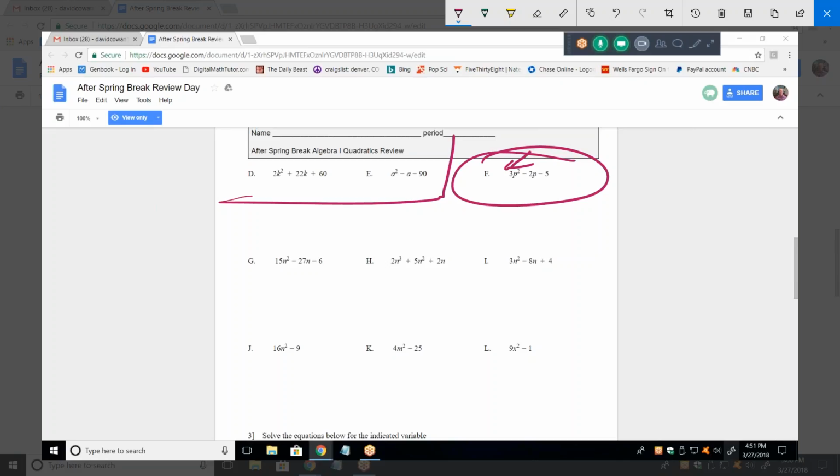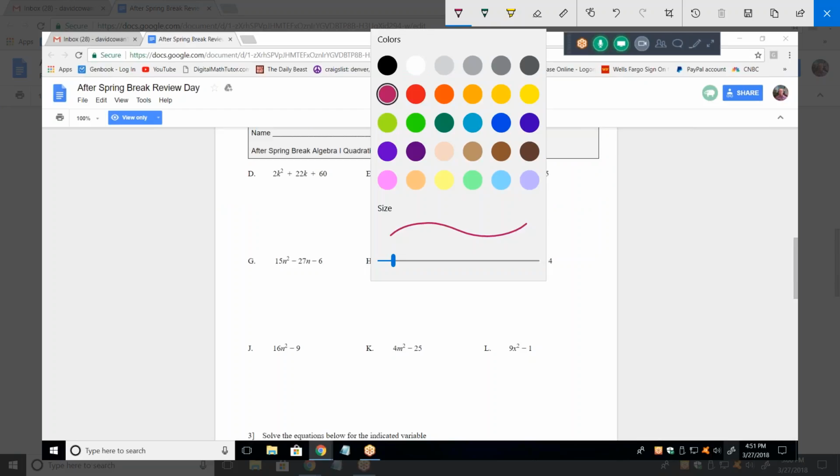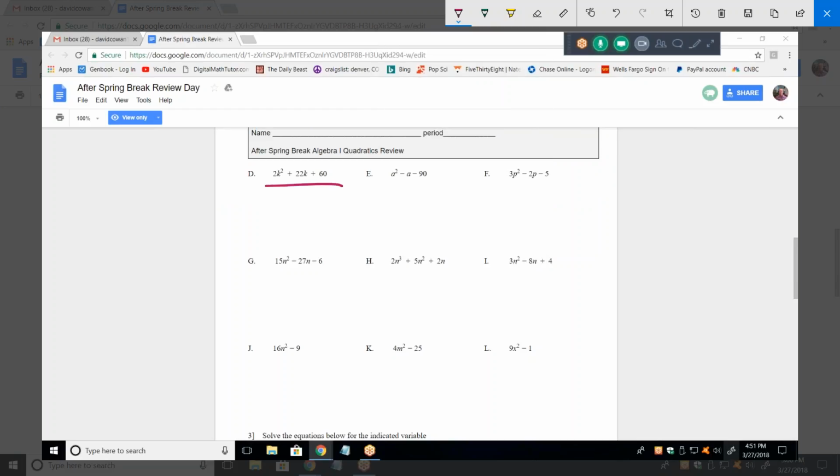If it's not a 1, they become a lot more difficult. Notice that I cannot factor out a greatest common factor like I was able to here. In other words, over here I was able to factor out a 2, and that turned it into an elementary quadratic. This already was an elementary quadratic. That is not. That, we have a whole different set of rules. Step 1 and step 2 are the same, but step 3 and step 4 are completely different.